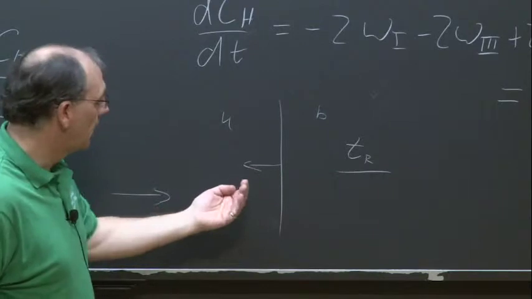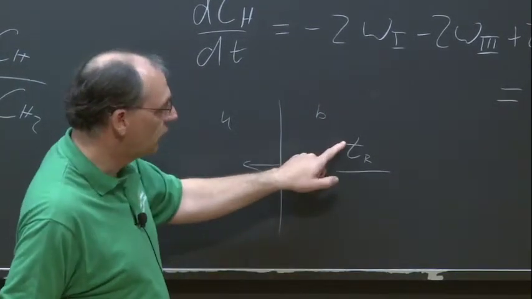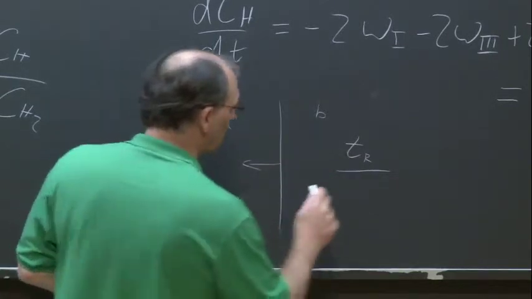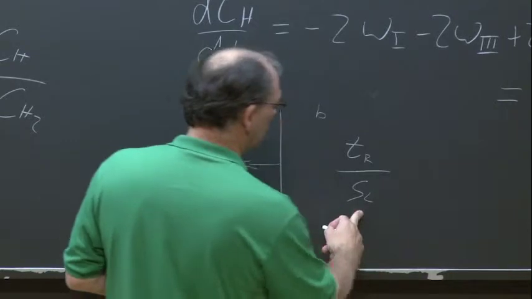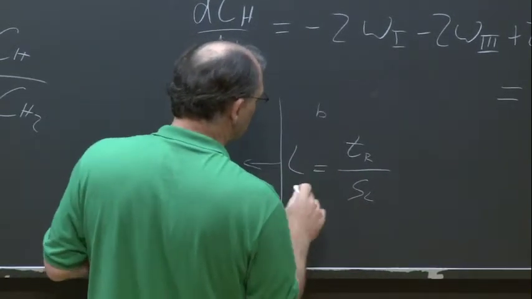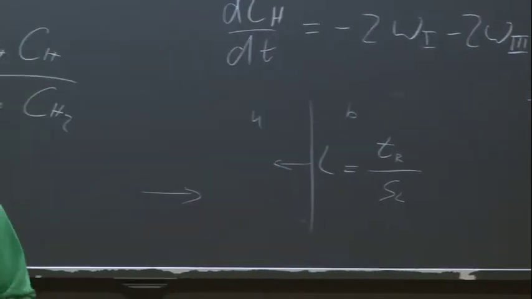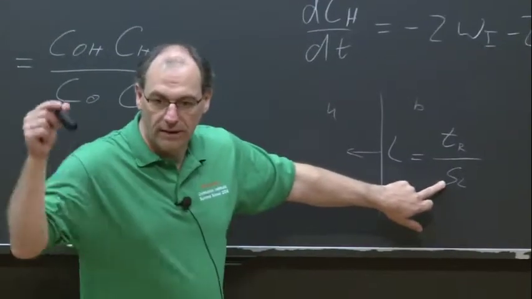That gives me the way that this gas has traveled during the reaction time, okay? So this divided by SL really is the velocity. That gives me a thickness, L. The velocity is the same for all reactions.